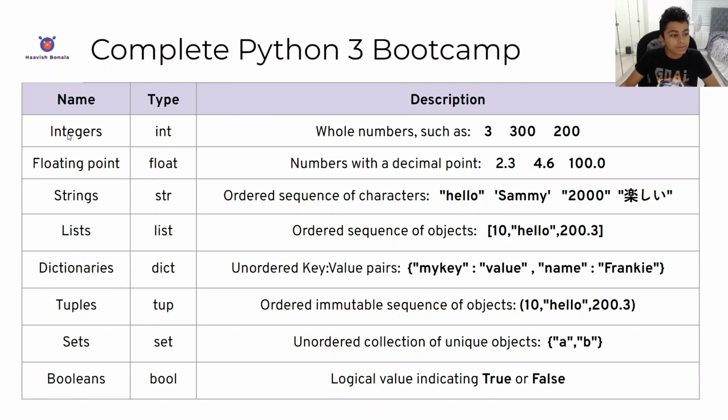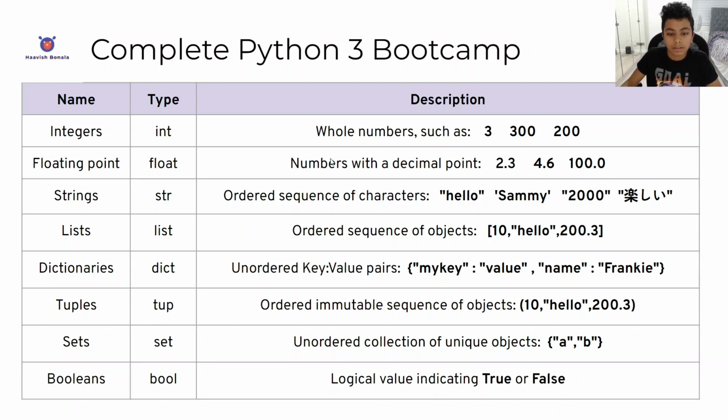Okay, so first you have integer types, which are whole numbers such as 3, 300 and 200, and then you'll have floating point numbers, which are also known as floats. So you'll get 2.3, 4.6 and 100.0, which is basically 100, but Python still takes it as a float because it has a .0 at the end.